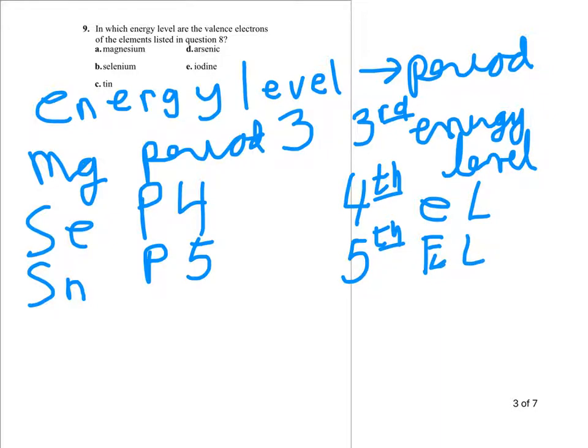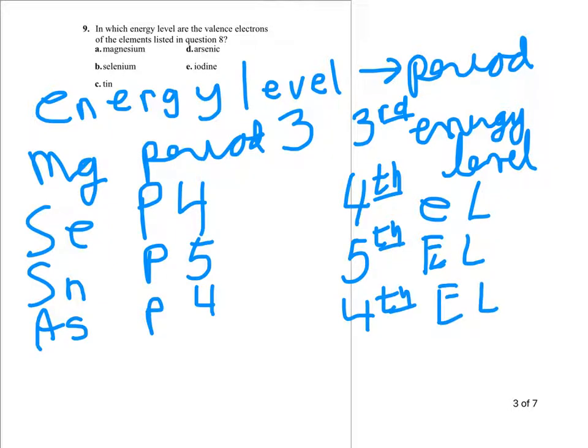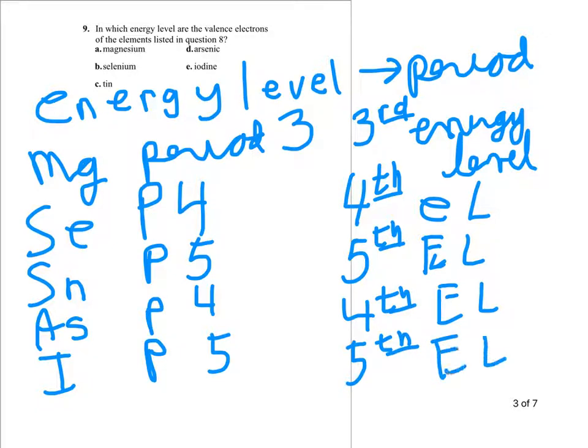And arsenic, As, period 4, so it's also in the 4th energy level. And again, these are our outermost electrons, valence electrons. And iodine, I, period number 5, 5th energy level.